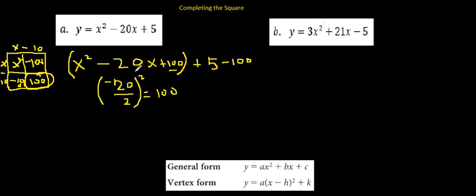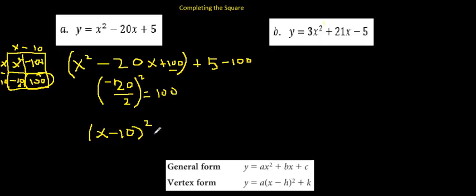And now this part can be written as x minus 10 times x minus 10, which is x minus 10 squared. So x squared minus 20x plus 100 is everything inside here, but we write it in terms of the dimensions of the square, hence the square.